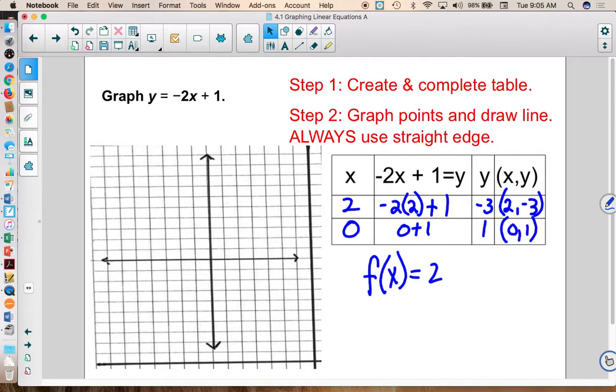Can I graph it as long as I have 2 points? Sure can.